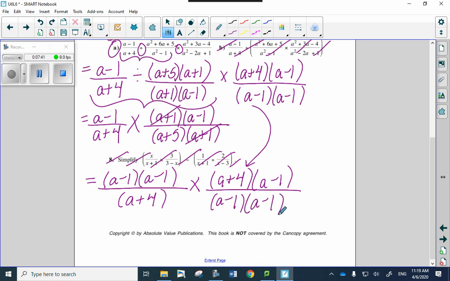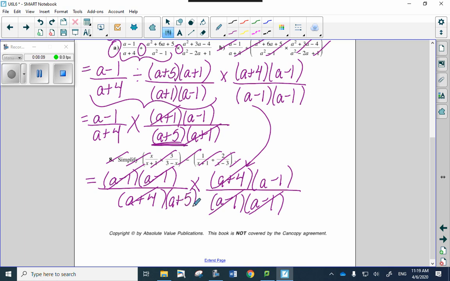Okay, so again, let's look to see what I can cancel out. I've got a minus 1 on the top, a minus 1 on the bottom, another a minus 1 on the top, another a minus 1 on the bottom, and then I've got an a plus 4 on the bottom and an a plus 4 on the top. And you know what I also forgot, guys? Sorry, this a plus 5 right up here should have stayed in my denominator with that first fraction.